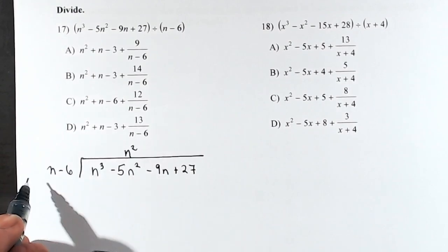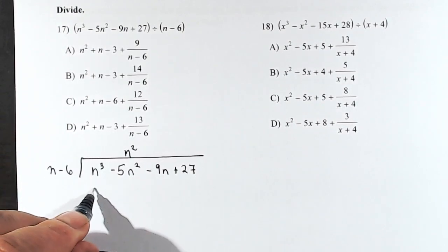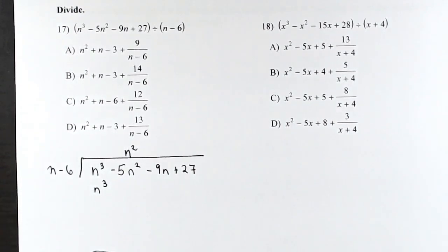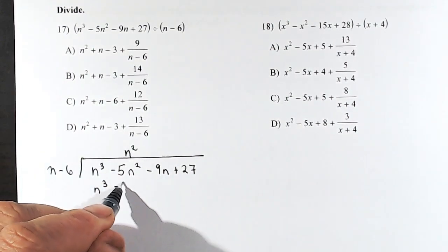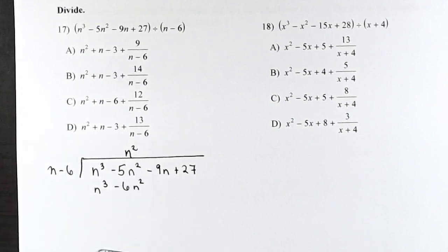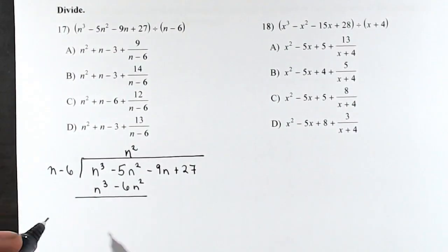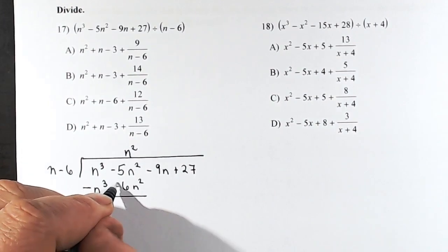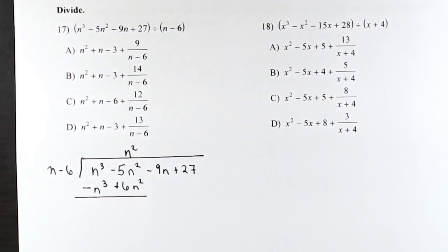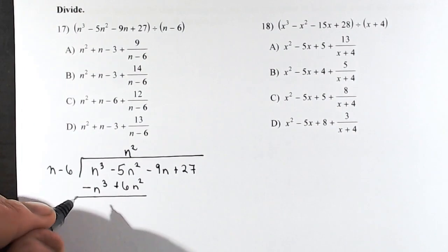So you put an n squared right here, and multiply n squared times this. So n squared times n is n cubed. Write that here. n squared times negative 6 is negative 6n squared. Okay? Now, you're going to change these signs and add. All right?